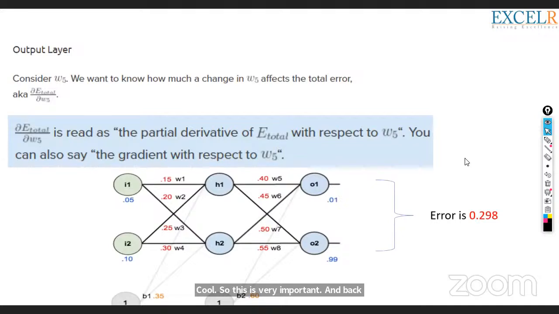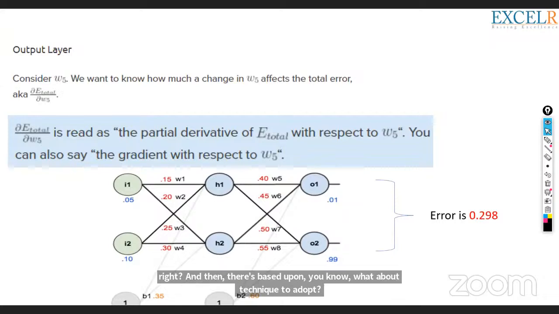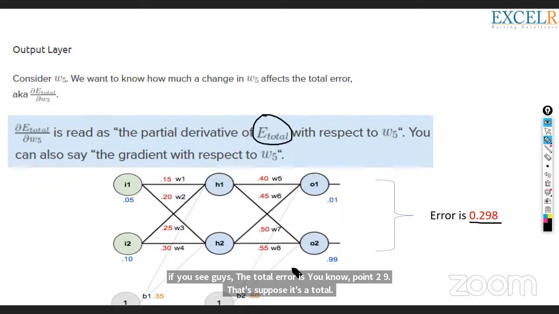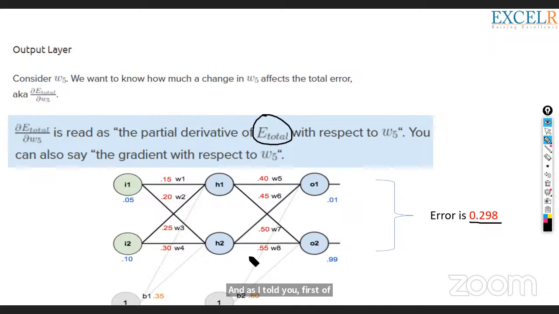And then, guys, based upon whatever optimization technique you adopt, it will optimize the weight value. Now let's see how the weights are being optimized. So if you see, guys, the total error is 0.29. Let's suppose it's E total. And as I told you, first of all, this set of weights is being optimized.